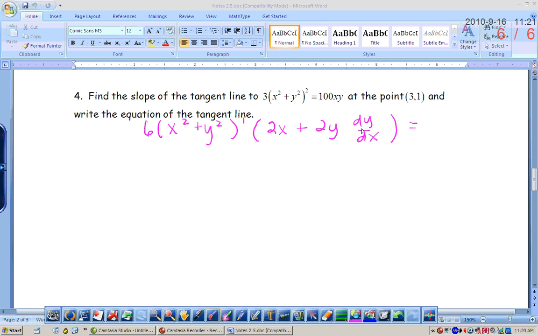So is that dy dx just with the 2y, or is it with the 2x also? Just with the 2y. All right, and then I'm going to have to use the product rule. So the derivative of the first one is 100 times y, plus the first one is 100x times the second one is dy dx.